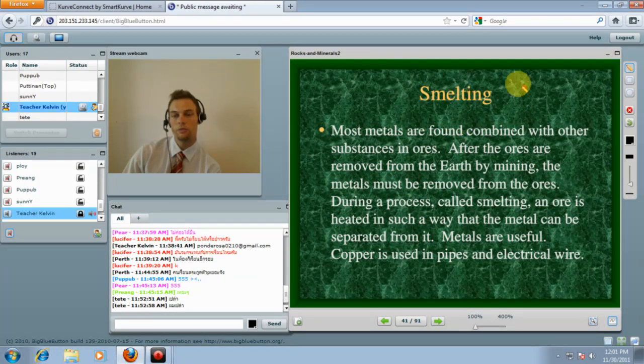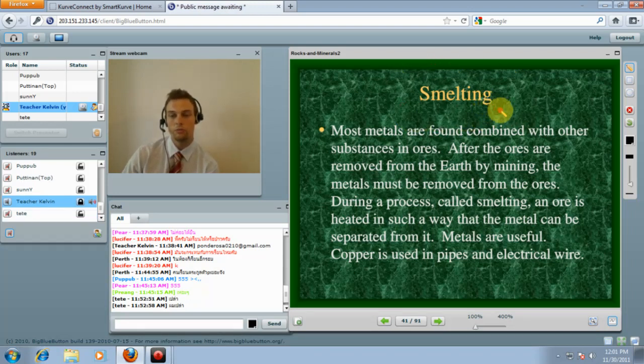And the way to really get this metal out of these minerals is by smelting. Basically, when you heat up a mineral that contains a precious metal, you are able to separate those things enough that you can remove the metal from the ore.